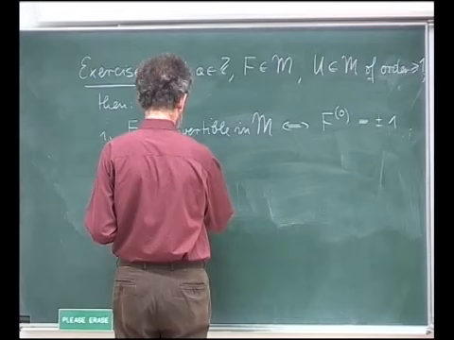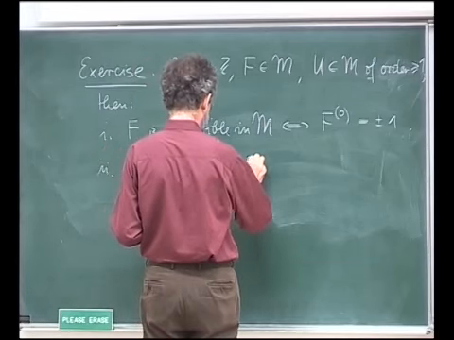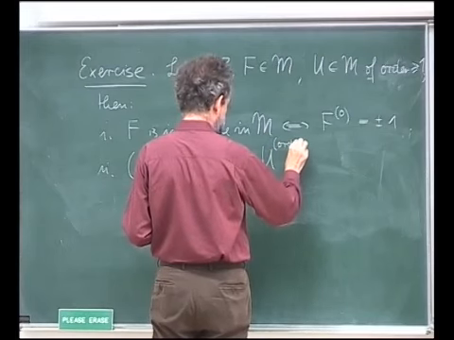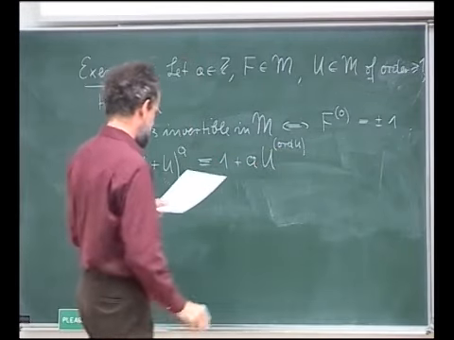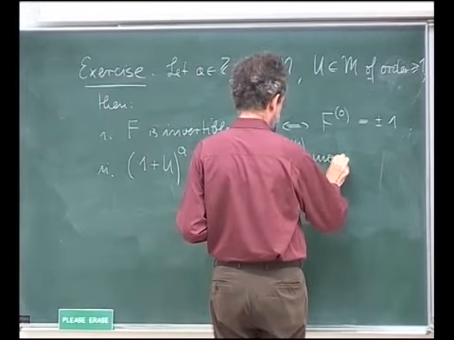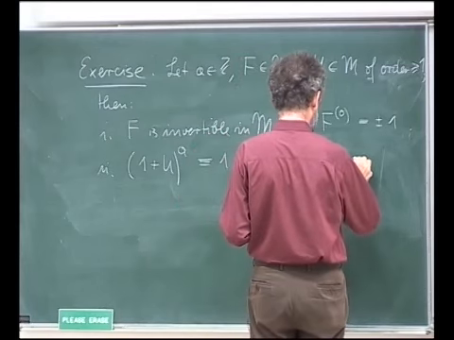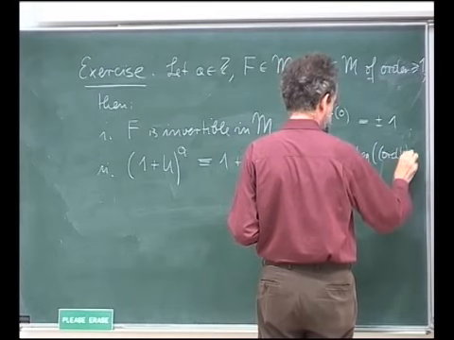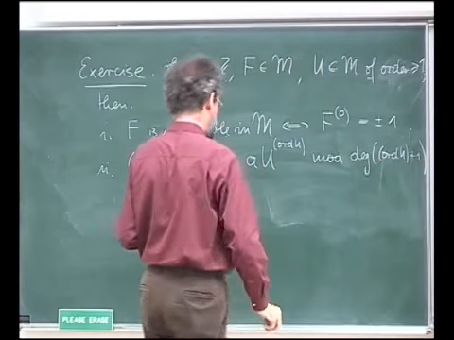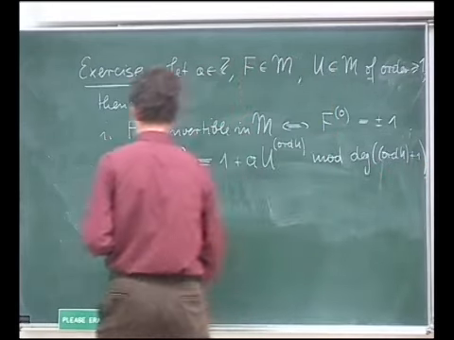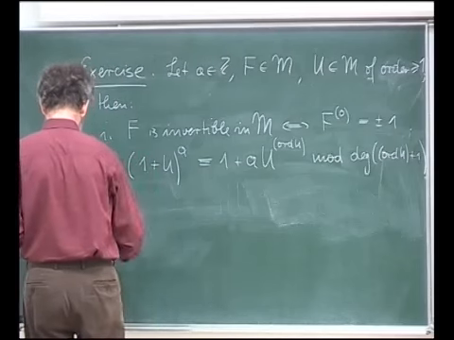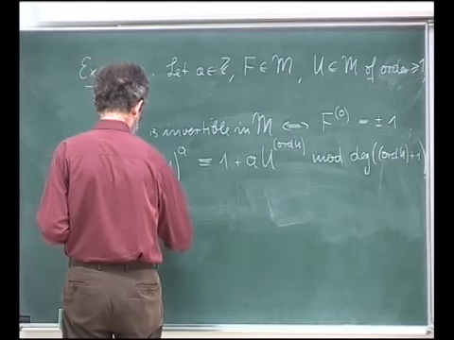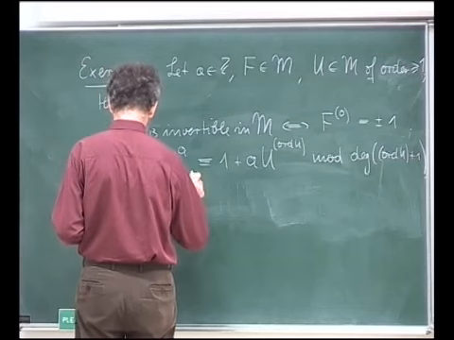And then we need the following congruences later. If I have such a unit, say 1 plus u, and I raise it to some integral power a, then this is congruent to 1 plus a u, the leading part so to speak, modulo the next higher degree, modulo degree order of u plus 1.